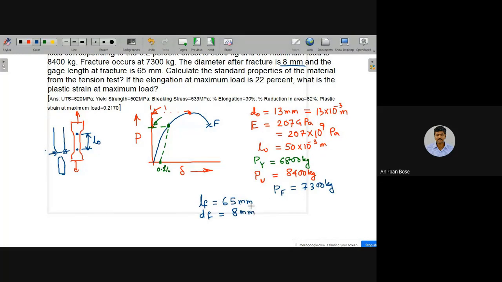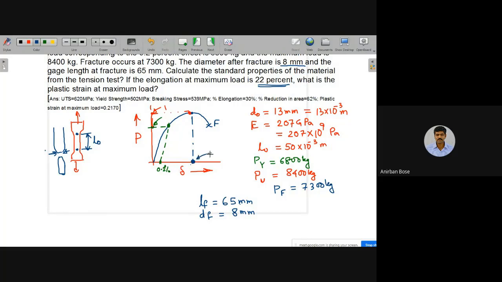And finally, what else is given? The elongation at the maximum load is 22%. Elongation at the maximum load, that means this is the maximum load point. So the corresponding elongation is given as 22%.